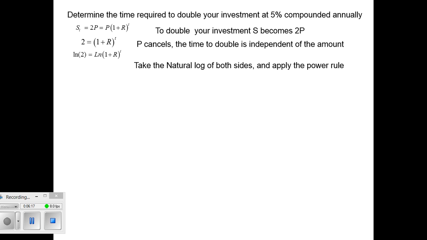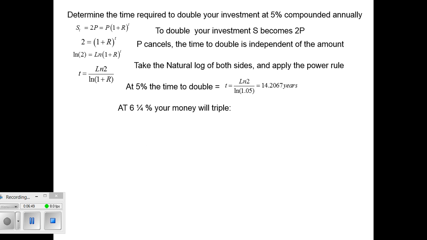Then we invoke the power rule, and we have that time is the natural log of 2 divided by the natural log of 1 plus R, where the rate is, in this case, 0.05. So at 5%, you're going to double your money, regardless of how much you put in, in 14.2 years.